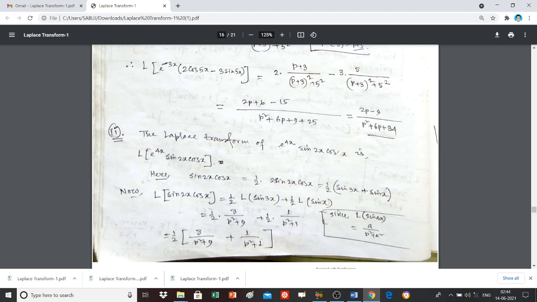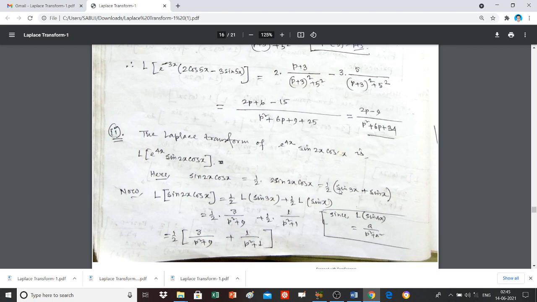We have to calculate this, so Laplace transform of this function is L of e to the 4x sin 2x cos x. Now sin 2x cos x can be written as half of 2 sin 2x cos x. You can write this. And you know that in this case, you can write this term further as sin 3x plus sin x, because 2 sin c cos d is equal to sin of c plus d plus sin of c minus d.